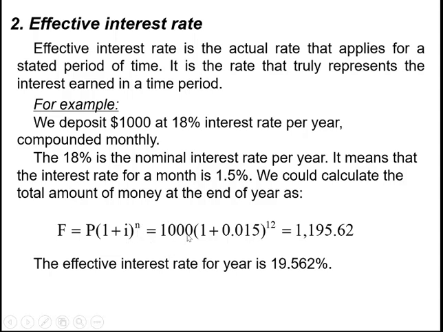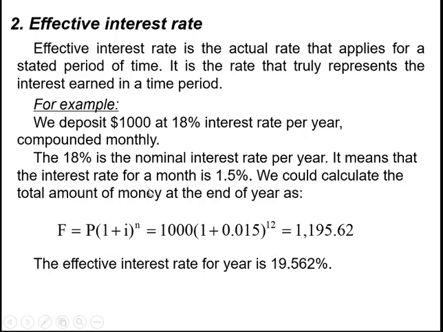That means P is 1,000 and the power is 12, because a year includes 12 months. The compound period here is months.